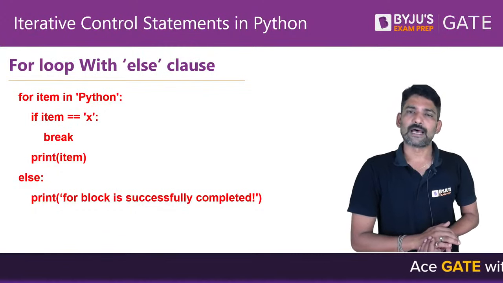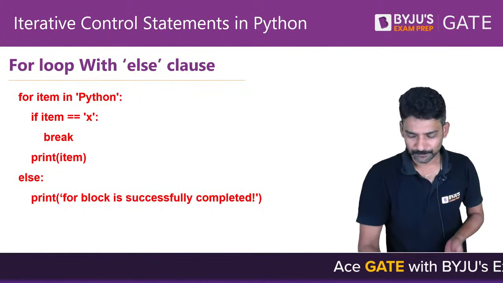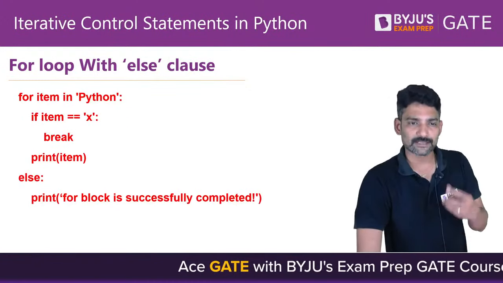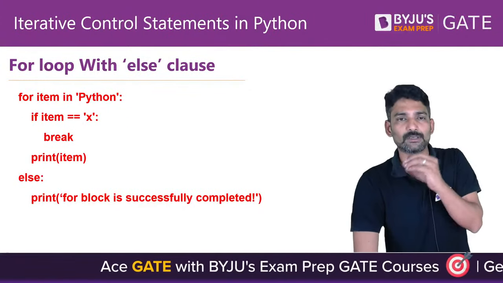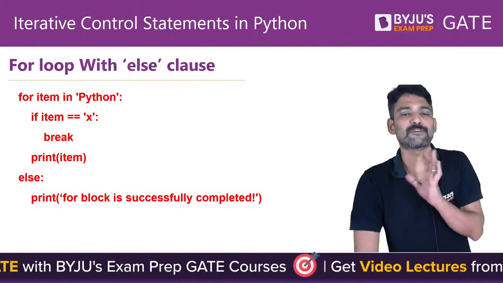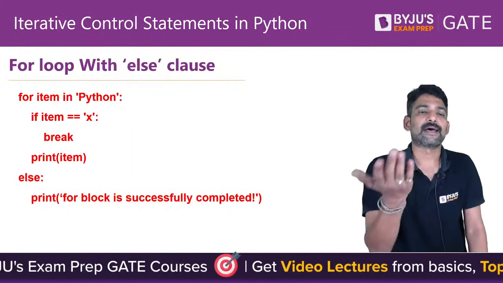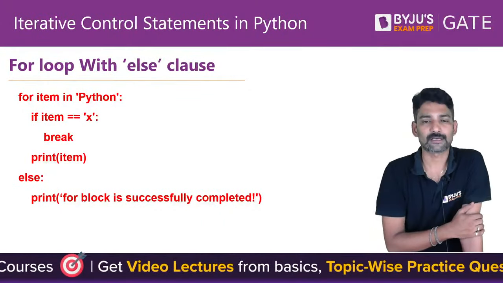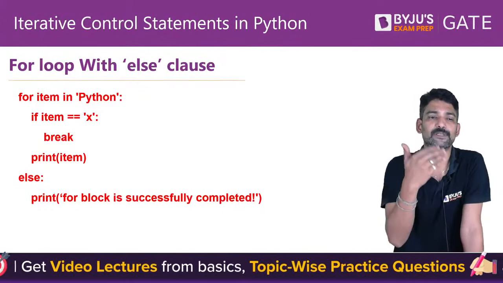Same as while. And you see one example here: for item in Python, if item equal to x, break, print item, else for block is successfully completed. As there is no x character in the Python string, for block is successfully completed will be printed after printing all the letters of Python.